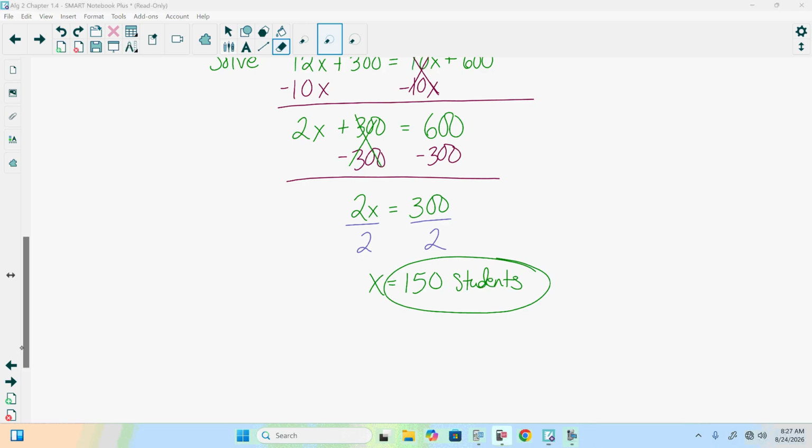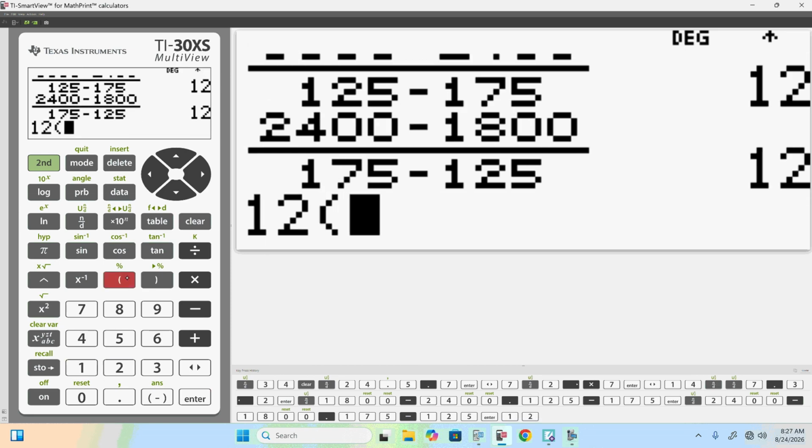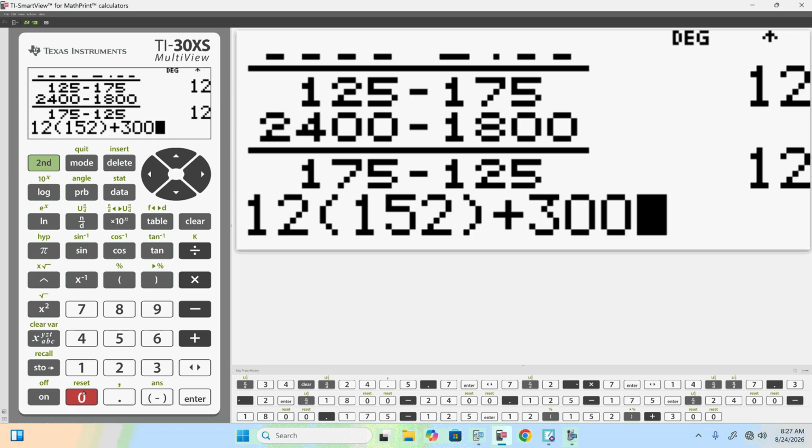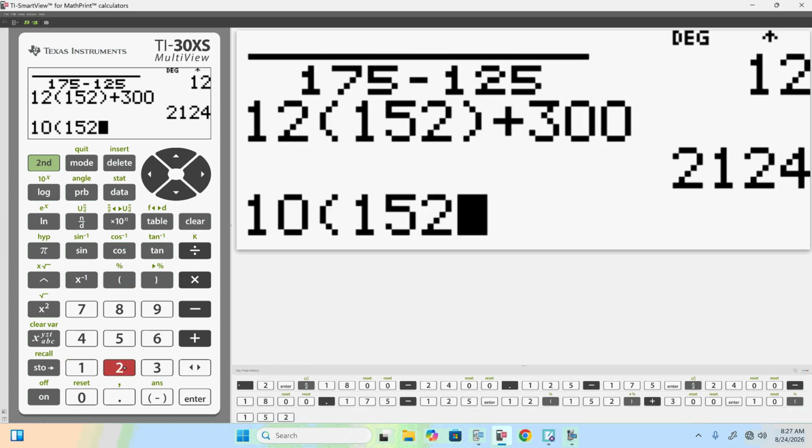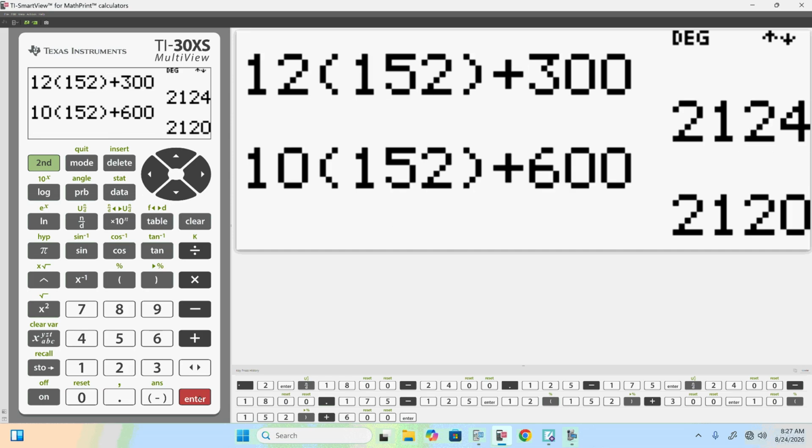Because 12 times 152 plus 300 for Lakeside, we would be at $2,124. 10 times 152 plus 600. So for Sunview, we would be at 2,120 bucks.